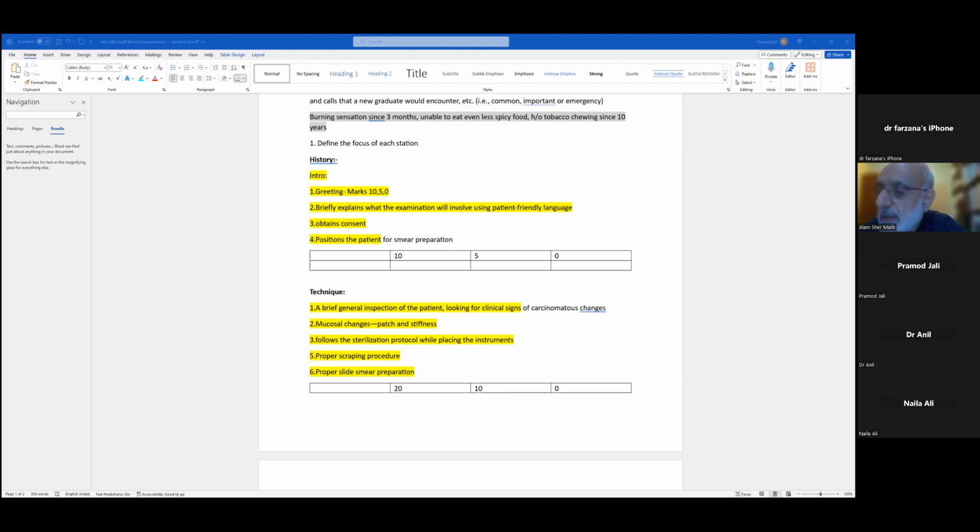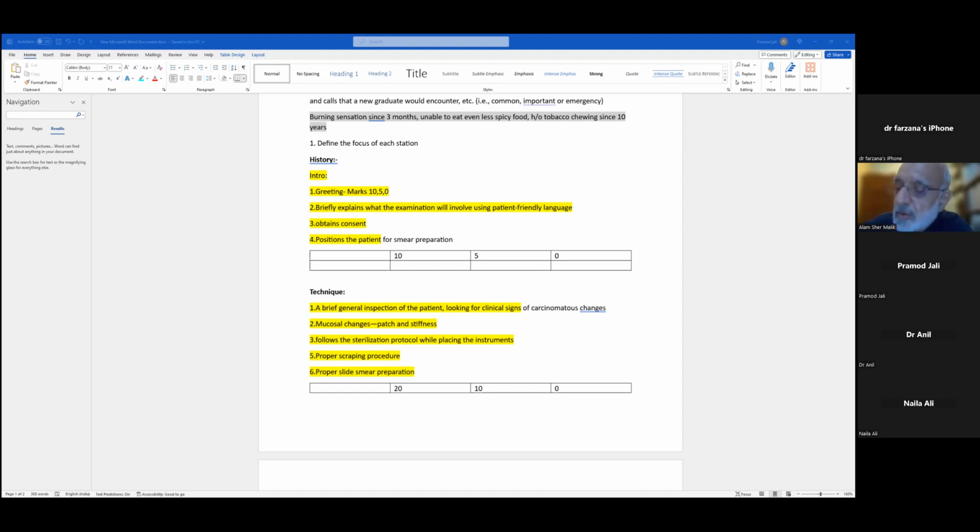You are absolutely right, Dr. Farzana. That's why I said that in each station you would have to guide the student. This is very important. In half an hour you cannot check otherwise, like the station on buccal smear: the scenario should be that the patient is suspected to have this disease, and you need to take a buccal smear.